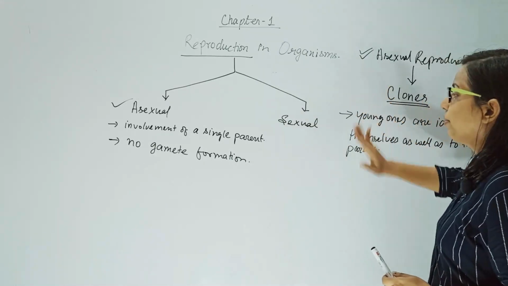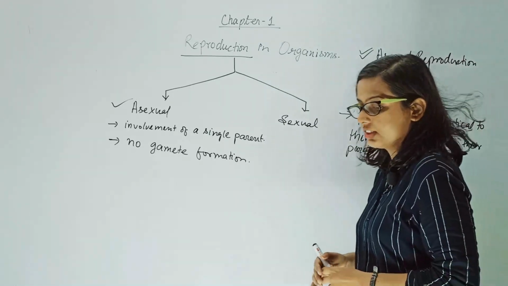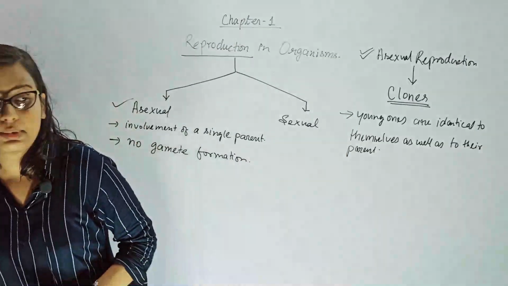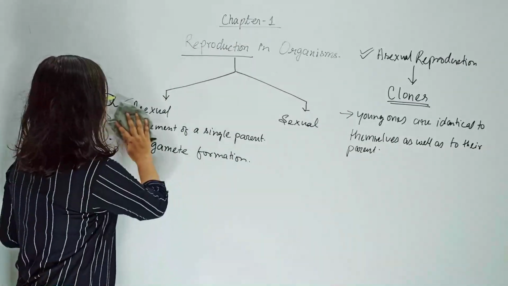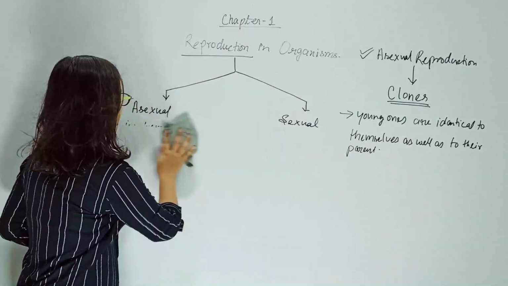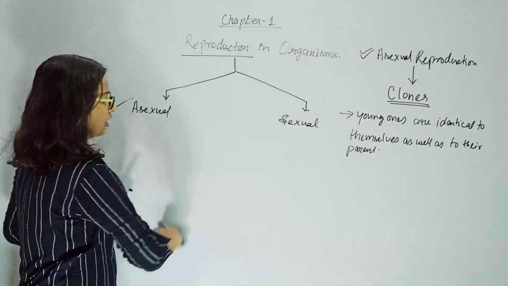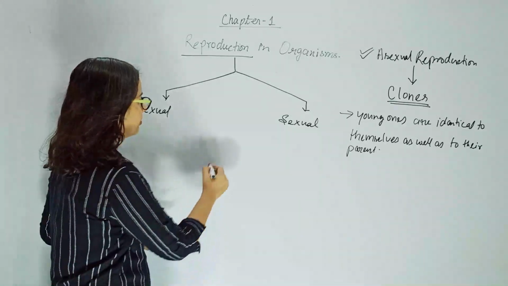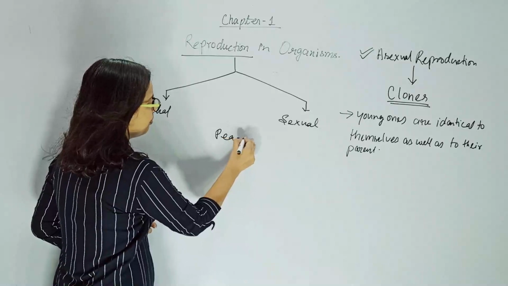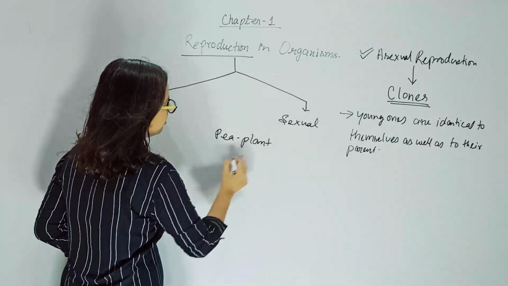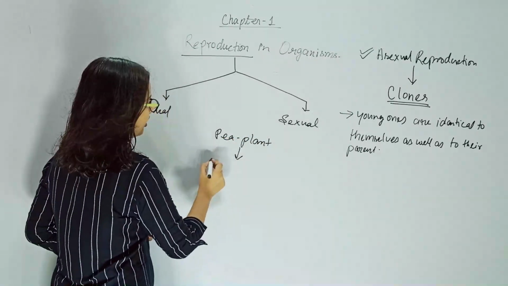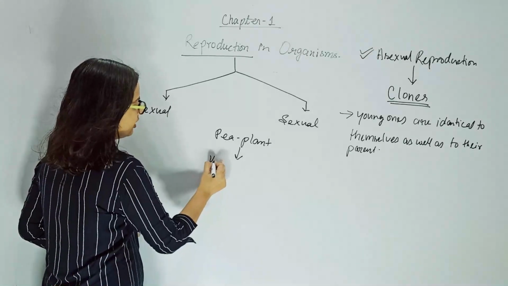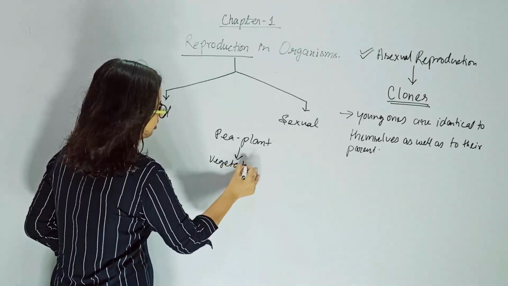I am taking the example of plants in this case. For asexual reproduction, I am taking the example of plants. Suppose there is a pea plant, and it is undergoing vegetative propagation.